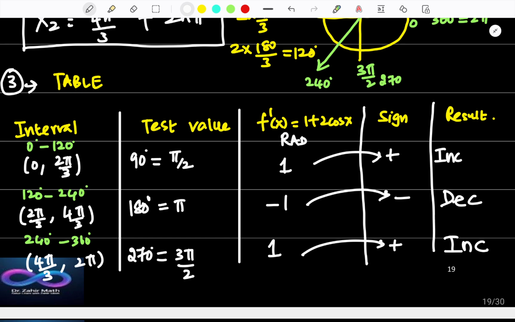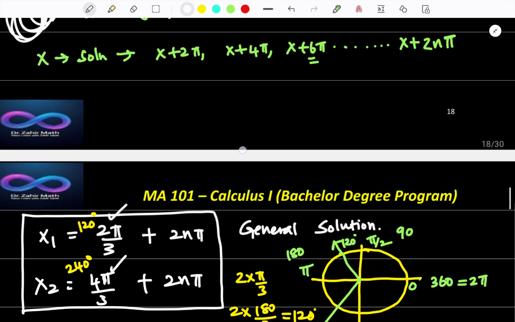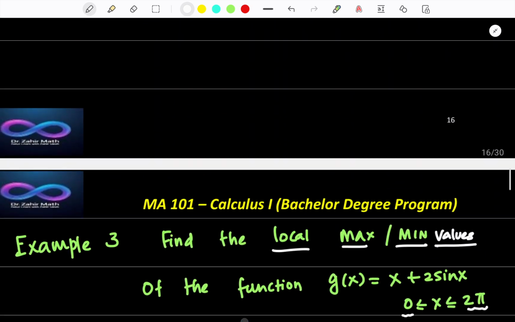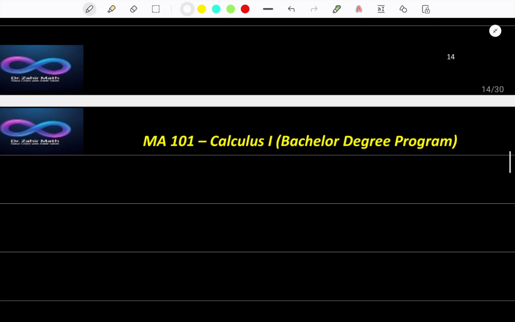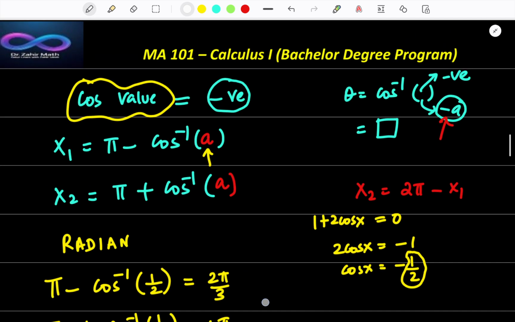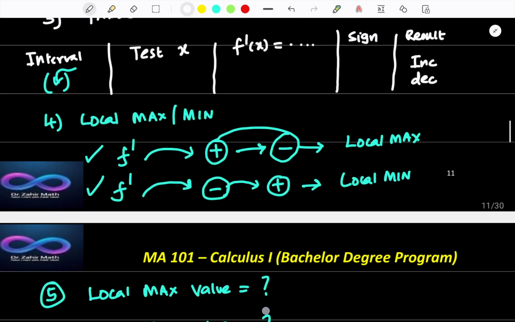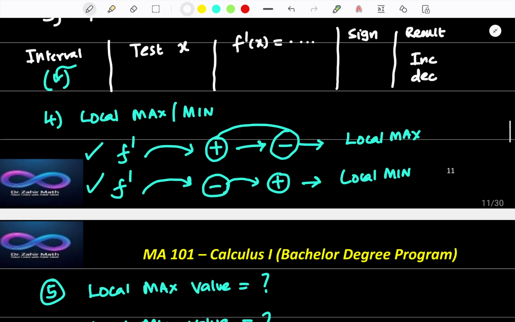Up to this, increasing and decreasing. Now we are going to talk about maxima and minima. What is the rule I gave for maxima and minima? The rule: if f dash changes from positive to negative, it is a local maximum.